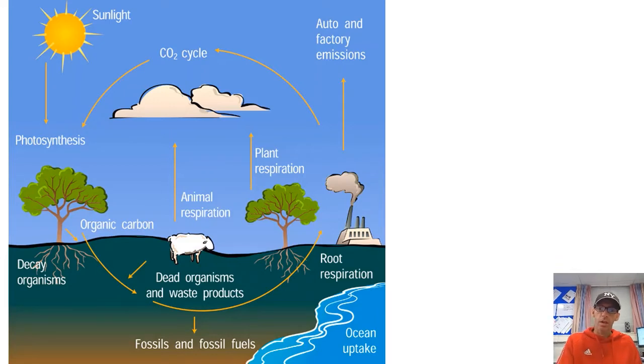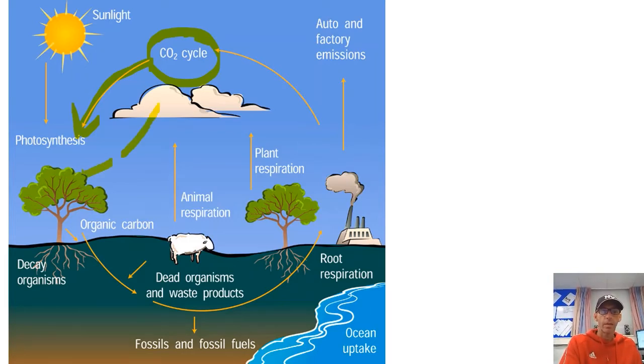So we've got this carbon dioxide in the air up here, and that is taken in by plants. The plants use it in photosynthesis. Then the plants can release it straight back into the air when they do their respiration, or it could be taken in from the plant to the animal.